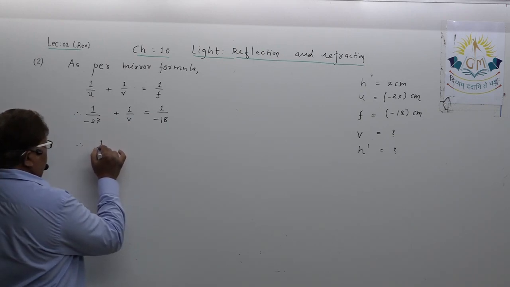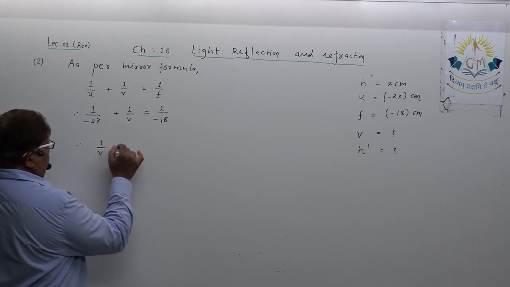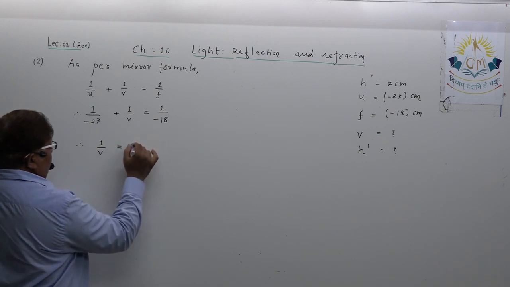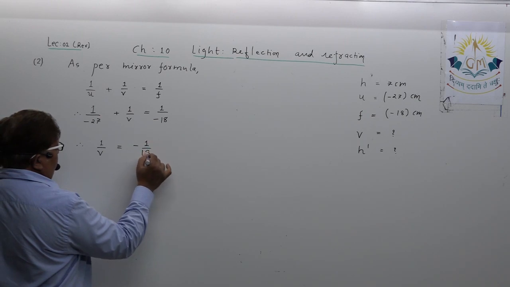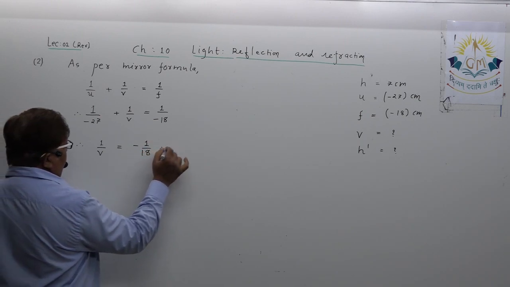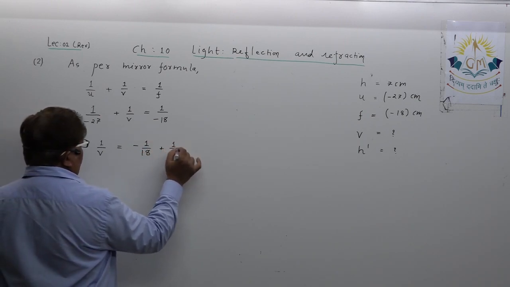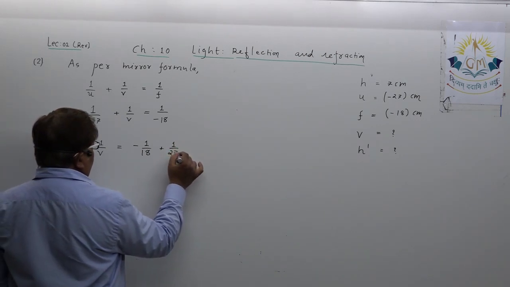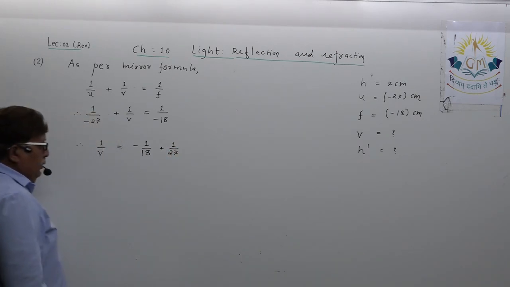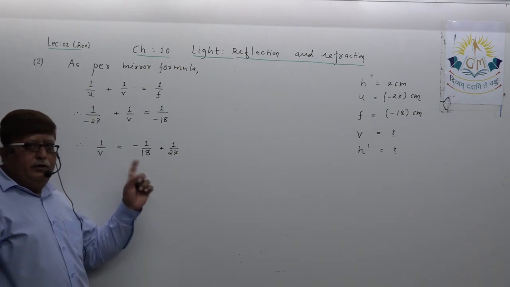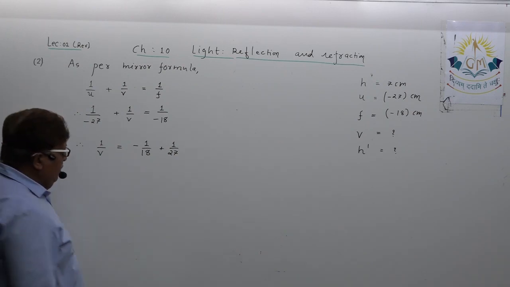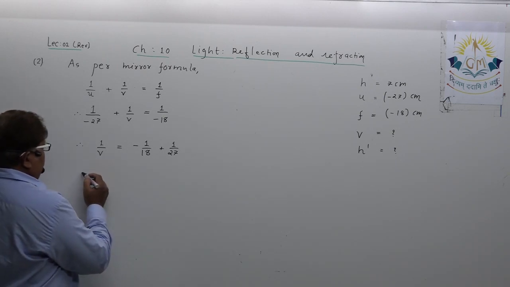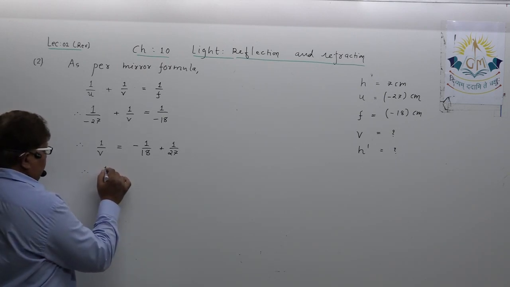So 1 upon v equals to minus 1 upon 18 plus 1 upon 27. Just the transfer of the term and taking LCM, that I already told you.